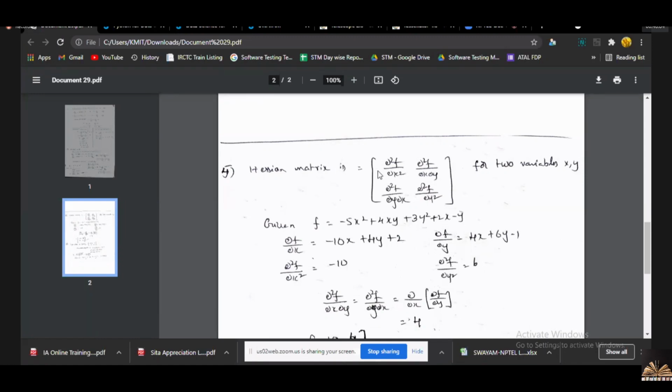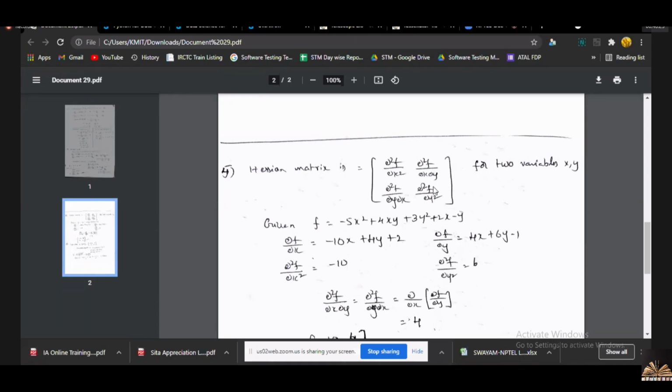Now the Hessian matrix is what? Dou square f by dou x square, that is nothing but the second derivative of the objective function. Then dou square f by dou x dou y, and here dou square f by dou y dou x, and here dou square f by dou y square.